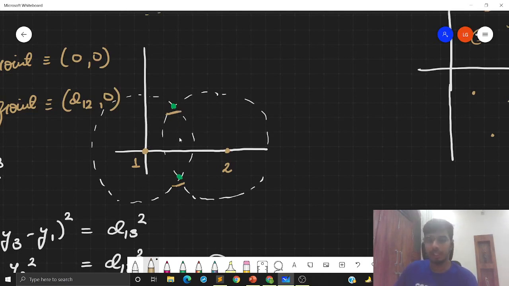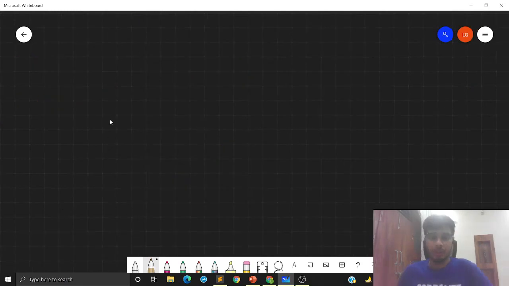And we have already seen that these are the mirror reflections of each other because y was plus minus some value. So these were already the mirror reflections of each other. So I can say that we can safely assume this to be our third point. And now we have all 3 points.